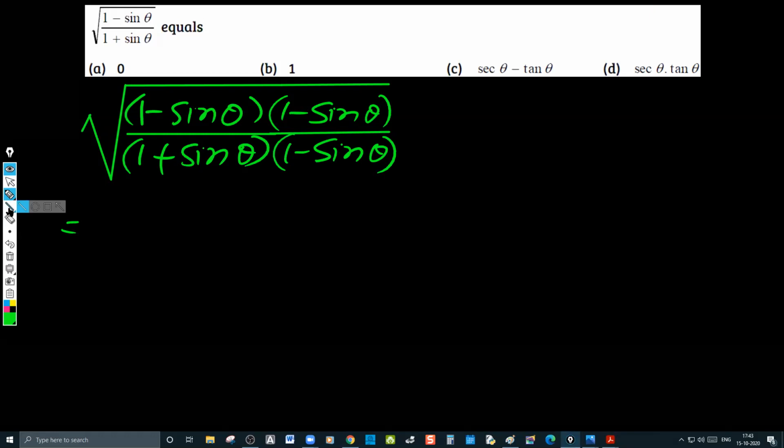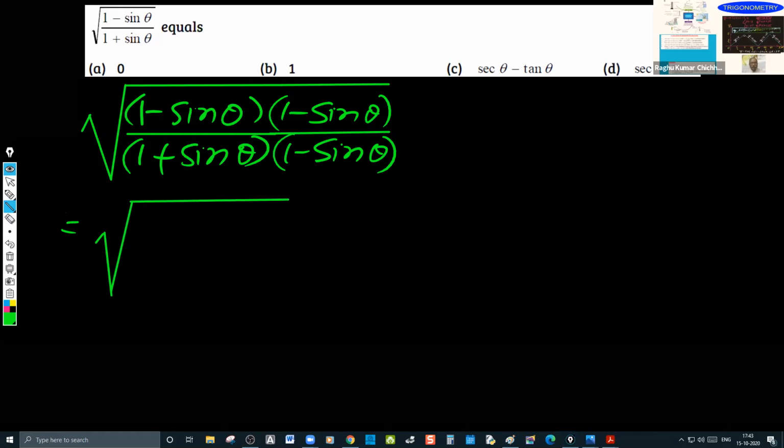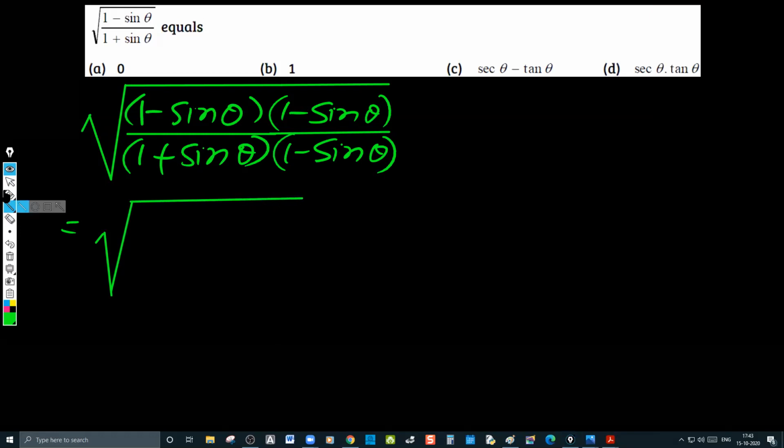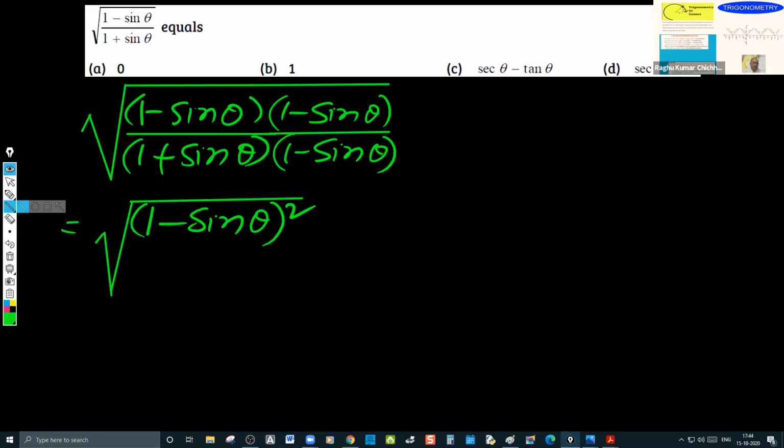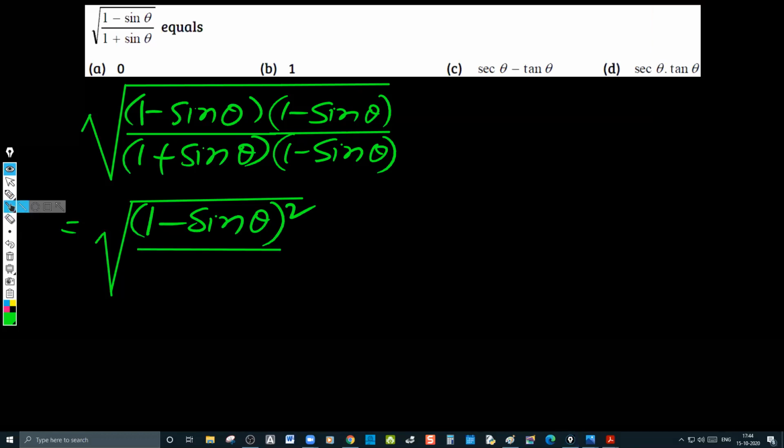It is 1 minus sine theta whole square, don't expand it. What is the denominator, please? 1 square minus sine square theta. Correct.